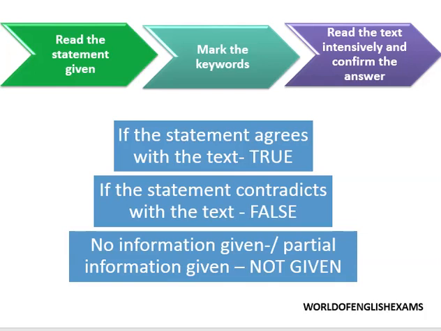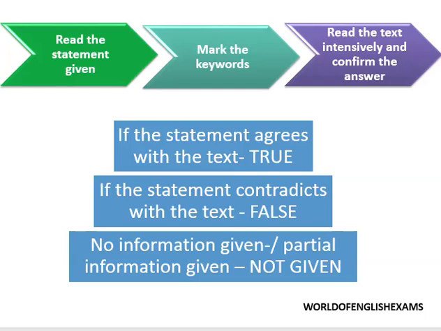I repeat, you need to mark the answer as true only when the meaning of the text matches with what is given in the statement. And if this meaning is contradictory or opposite, when the statement disagrees with the text, then the answer is false. Guys, remember, whether it is true or false, you will still find the related context.